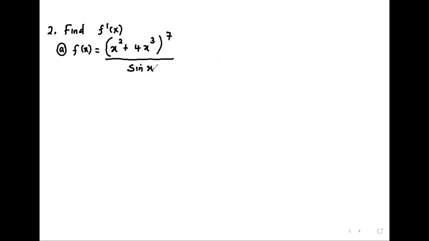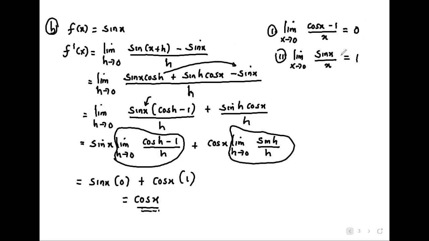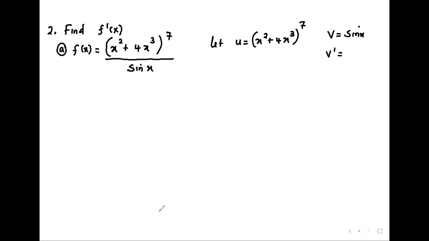So we'll let u be x squared plus 4x plus 3, to the power 7. And v will be sin x. So now I need to differentiate v. The derivative of sine is cos x. So we write cos x.